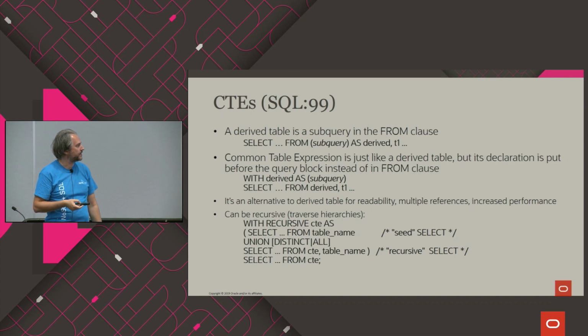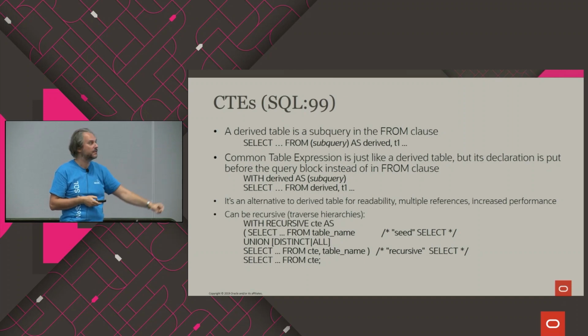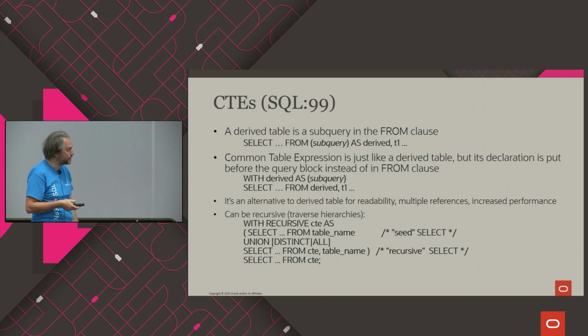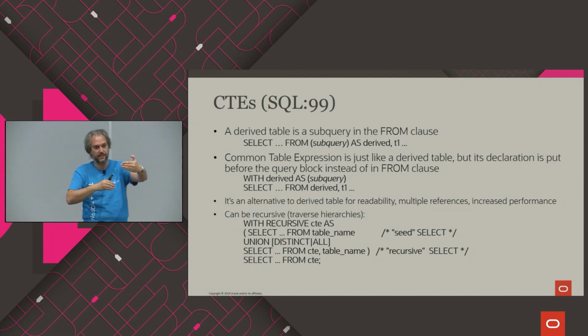And then what happens? You can reuse it everywhere you want in the query that follows. So it's an alternative for readability, because the first thing you find is your subquery, and you can put multiple CTEs on top of your queries. So you put things on the desk: these are the subqueries I will be using, and then you write your query.